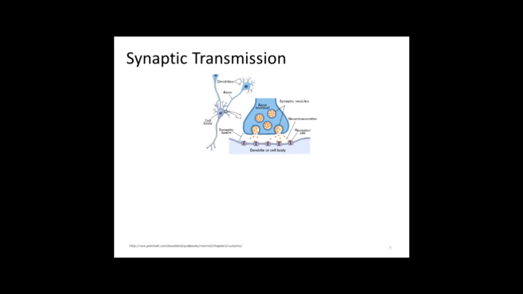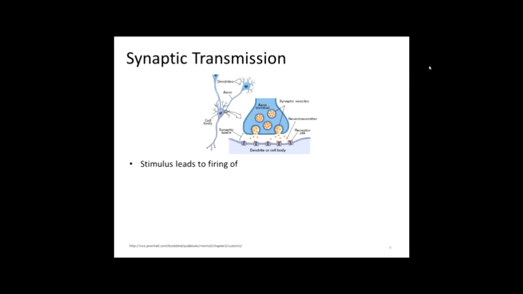Here's a brief overview of synaptic transmission. On the left of the picture, you have the cell body surrounded by dendrites with the cell axon stemming from that, and these neurons speak to one another, so to say, through this synaptic space.